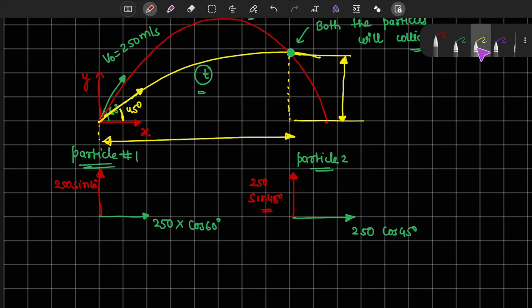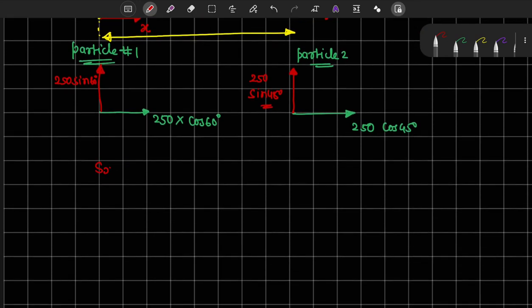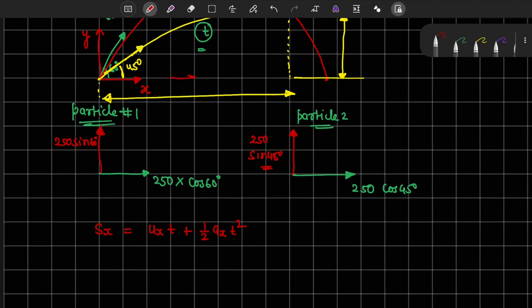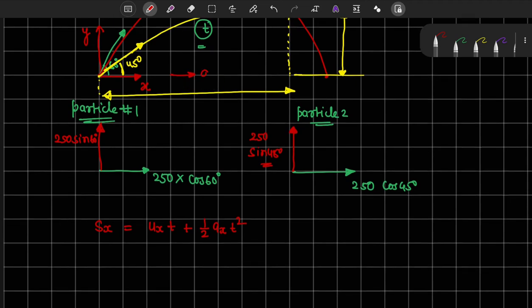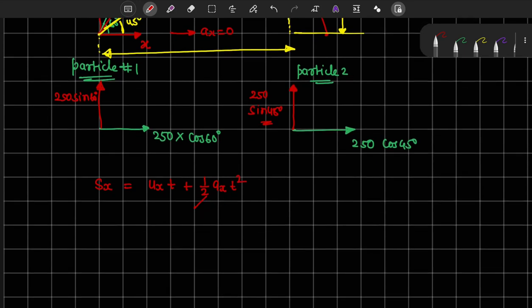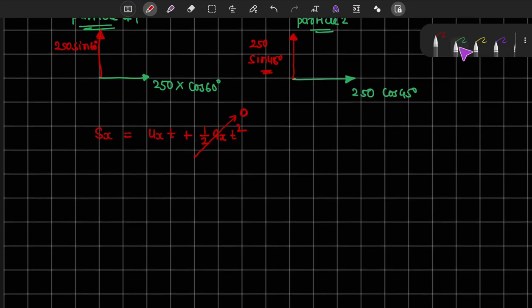Now we have just stated that the horizontal displacement for both the particles will be the same. So we can write the horizontal displacement is equal to initial velocity in the x direction into time plus half into acceleration in the x direction into t square. As the acceleration in the x direction is 0, the second term will be 0. So the displacement of particle 1 is equal to displacement of particle 2.